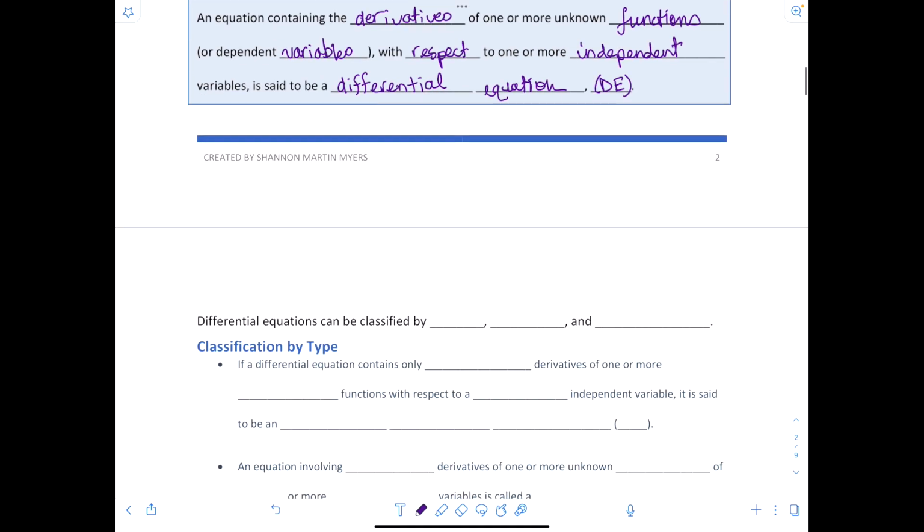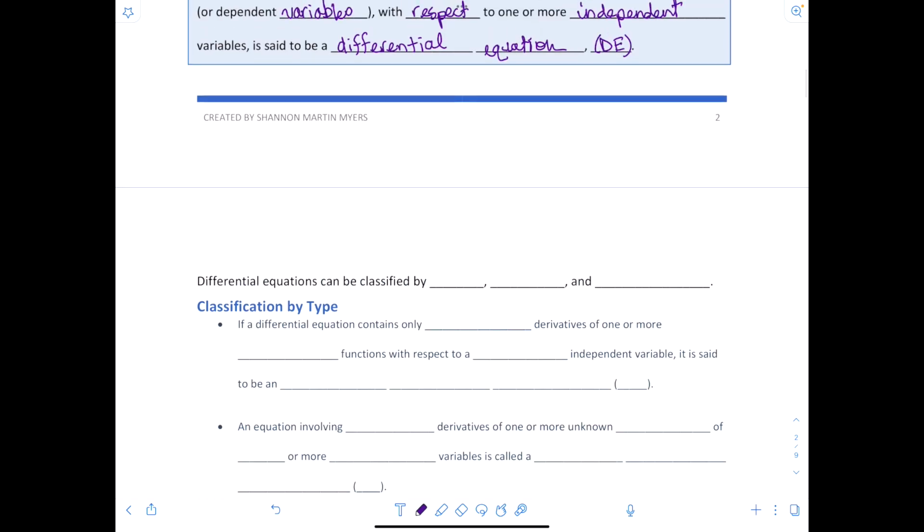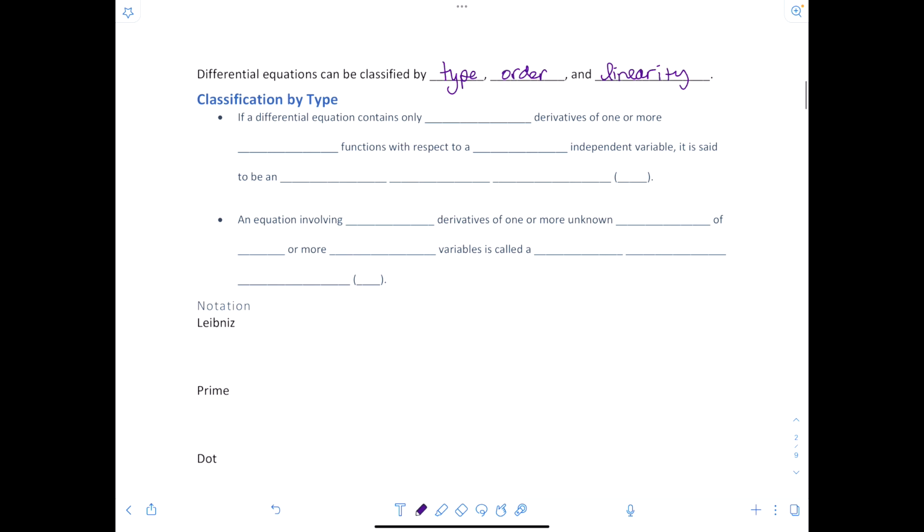So differential equations can be classified by type, order, and linearity. So let's look at classification by type.